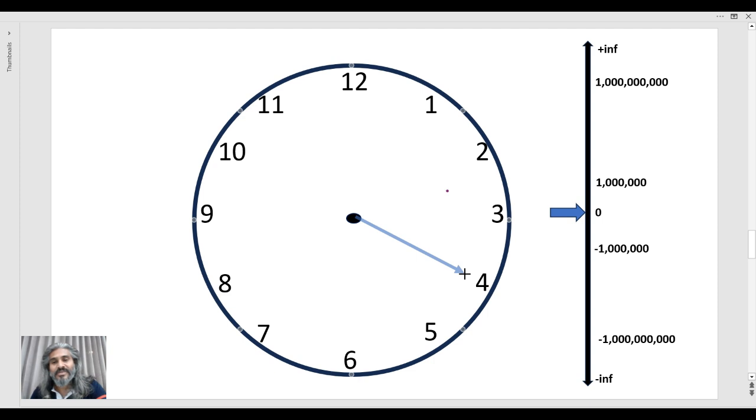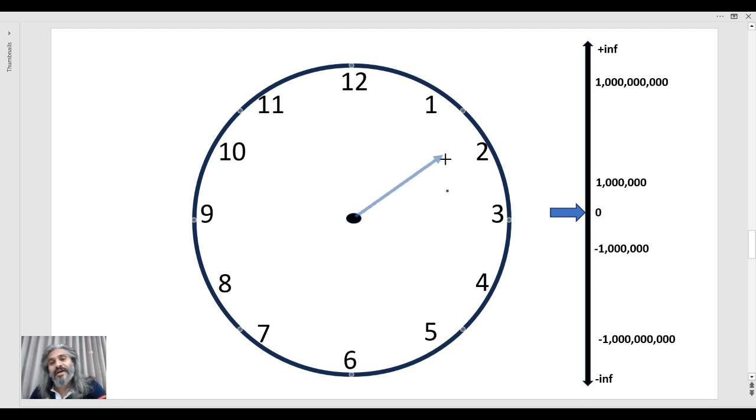If we want to estimate what the time was 2 hours from now, we could just imagine the clock hand going backwards anti-clockwise, and 2 units from here, it would be 1 o'clock.